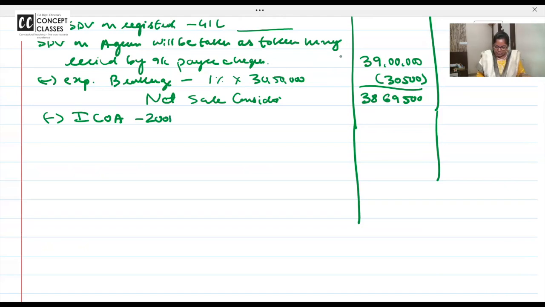In 2001-02, what is the fair market value of the property? 11,85,000. And stamp duty value 10,70,000.